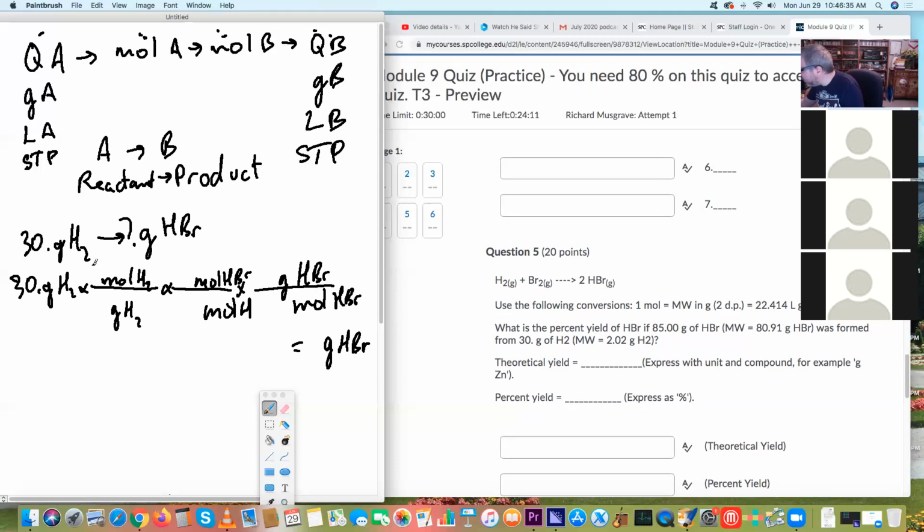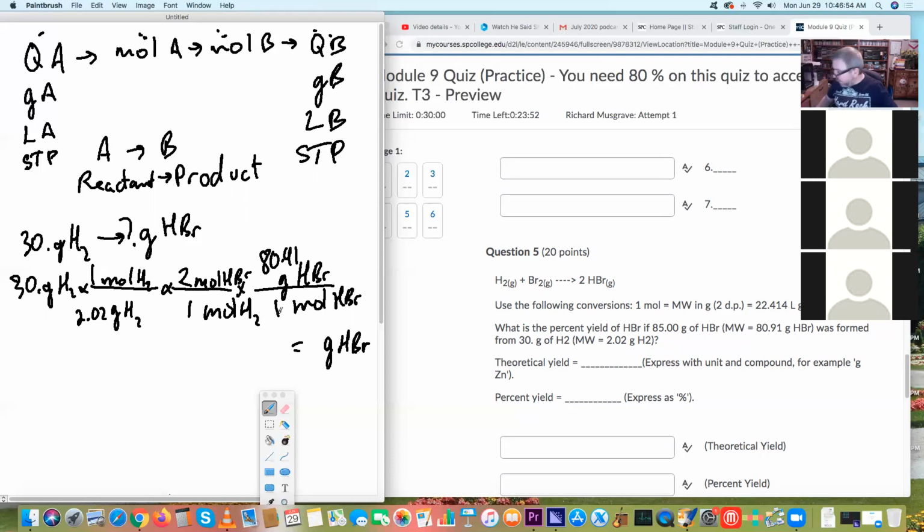We put in our relationships. 1 mole is 2.02 grams of H2. The relationship between HBr and H2 is 2 moles of HBr to 1 mole of H2. And then for the grams of HBr, 80.91 grams is 1 mole.